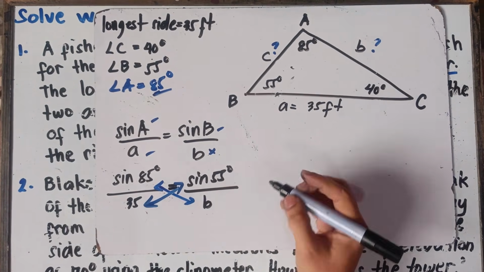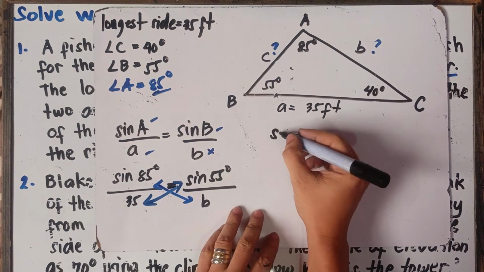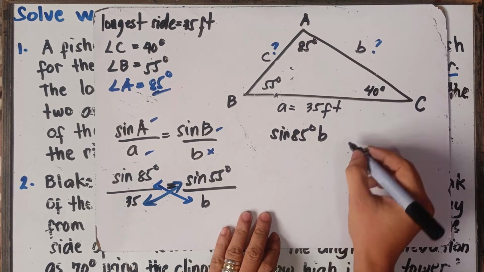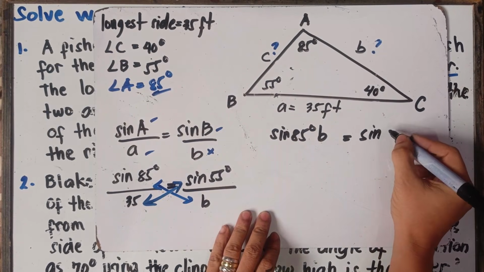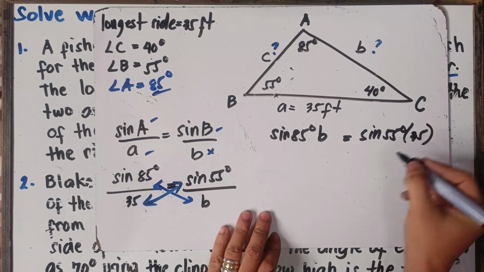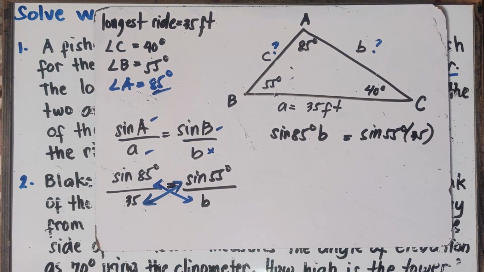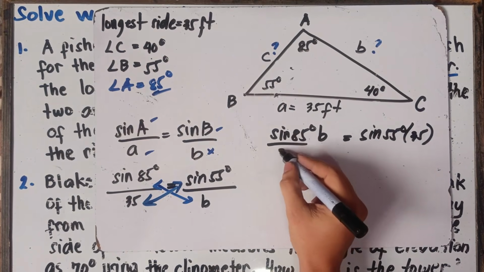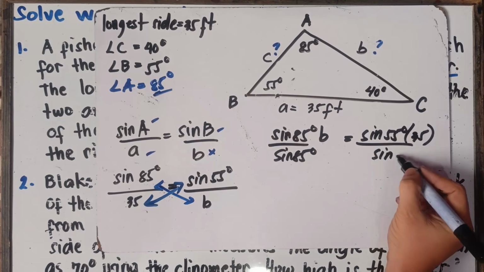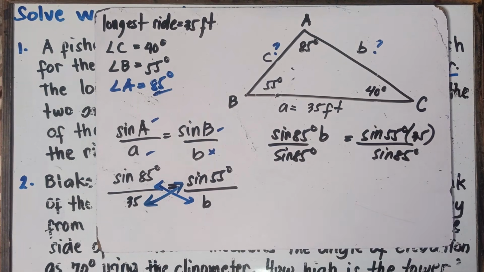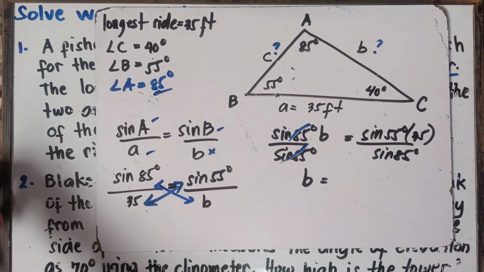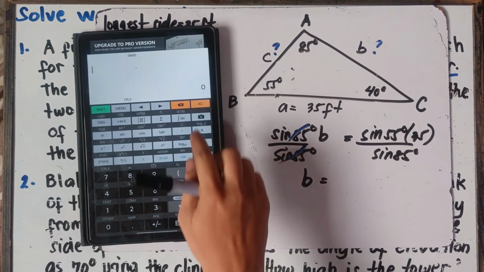So this will be sine 85 degrees times b, copy b, is equal to sine 55 degrees times 35. And then to get the value of b, simply divide both sides by sine 85 degrees. Cancel this out. And b is equal to, simply use your calculator, class.